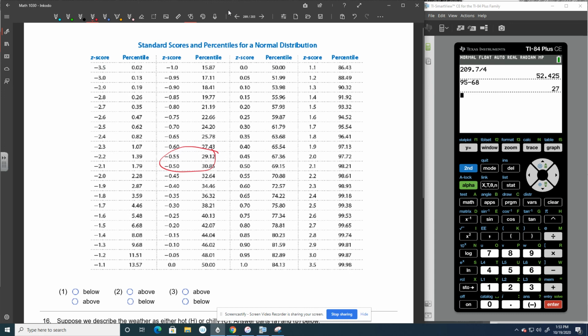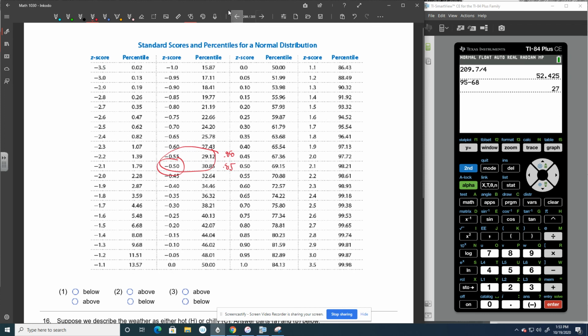Now, this one is 0.85 away from 30, and this one is 0.88 away from 30. So for me, I don't want to use the one that's a little bit farther away. I'm going to use the 0.85.